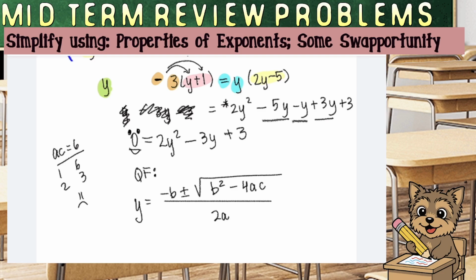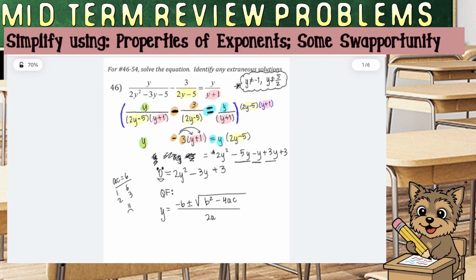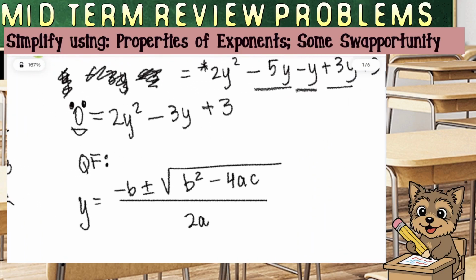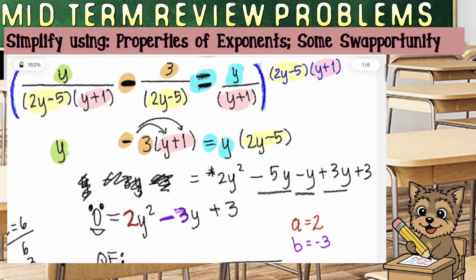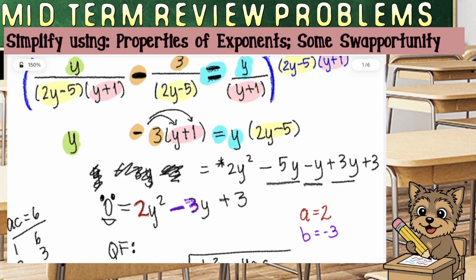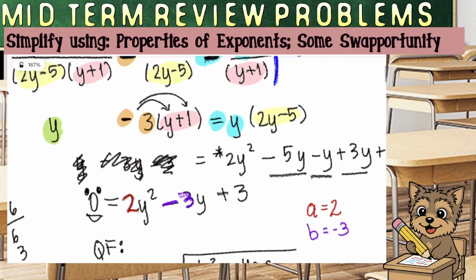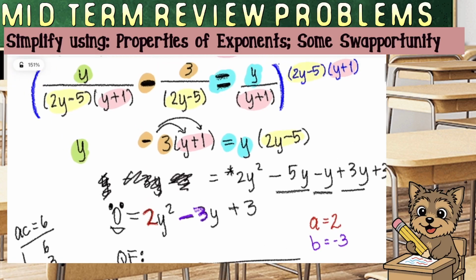Now, I guess I don't want to recycle any of these colors, so let's just use a is 2, right? B is -3, and C, right?